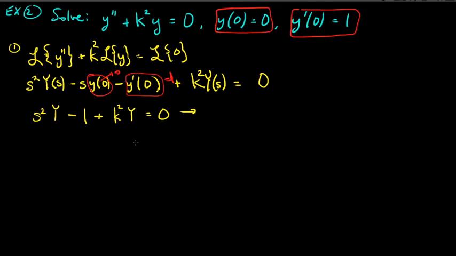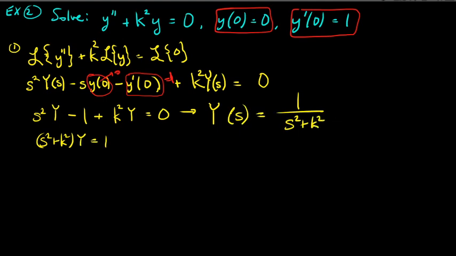So we're solving not for s, but for capital Y. Add 1 to both sides. You get s squared plus k squared times Y equals 1. And so Y, as a function of s, is just going to be 1 over s squared plus k squared.